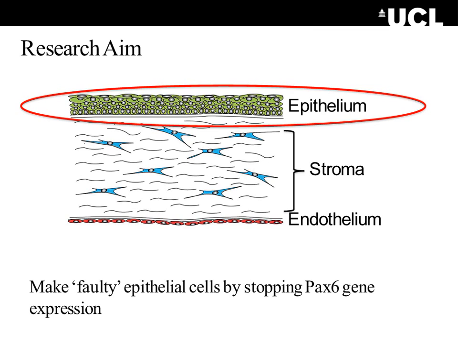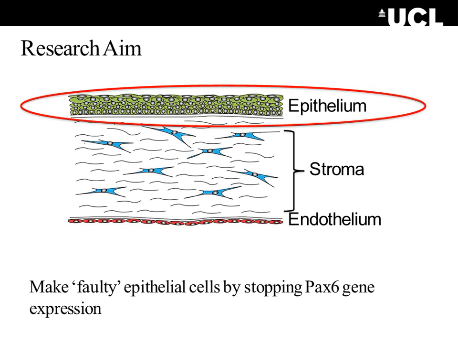And with these cells, we can then build a tissue-engineered cornea, which is used often in surgery that Alex is talking about next. But also we can use it as a model. When I say model, I just mean a system in which we can try and understand what the cells are doing, how they're behaving, and ultimately, hopefully try and figure out what's going wrong in the disease process.